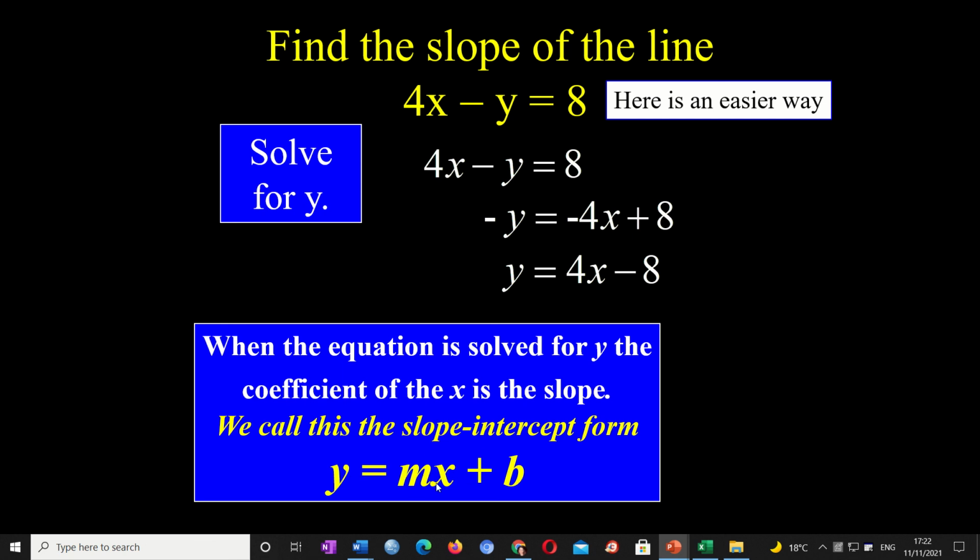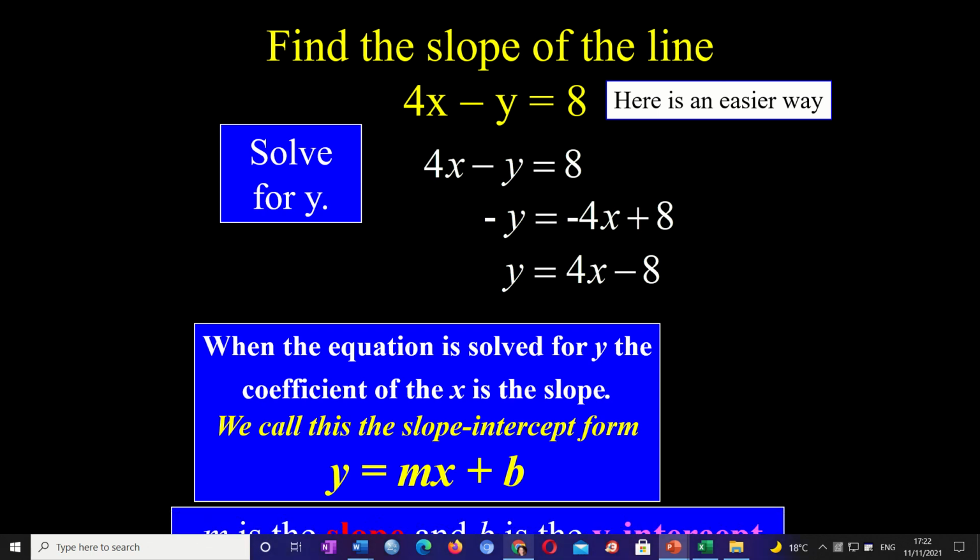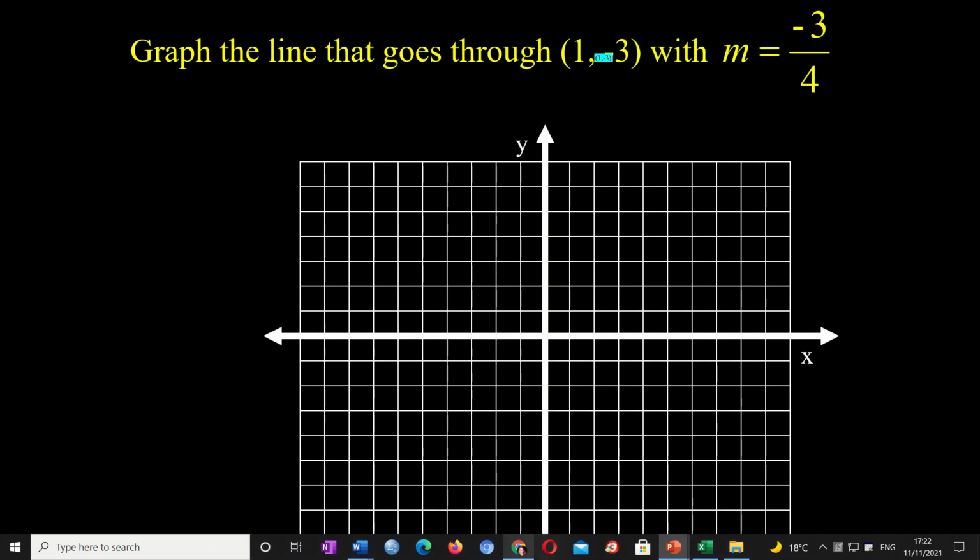This m is the slope and b is the y-intercept, okay? So here, 4 is the slope. When you see an equation like this, the coefficient of x is the slope, okay? The coefficient of x is the slope. And minus 8 is the y-intercept. So this is the slope and that's the y-intercept.